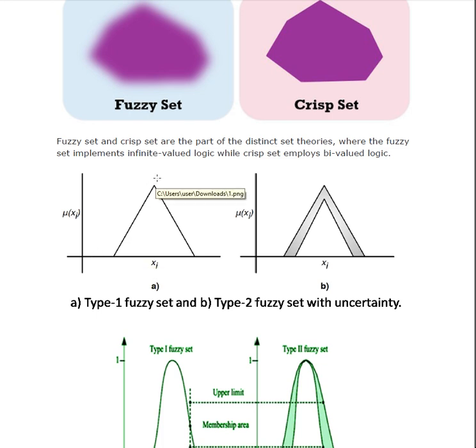Now the type 1 fuzzy set as a model of a word is scientifically incorrect, because a type 1 fuzzy set has a certainty.